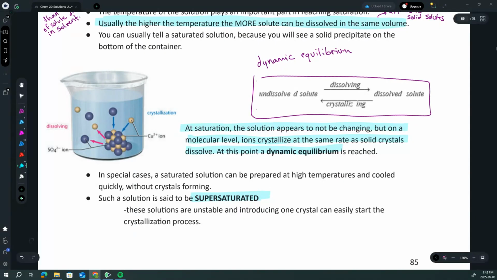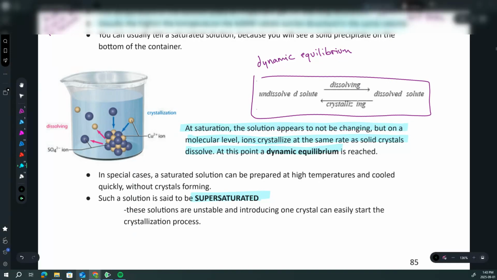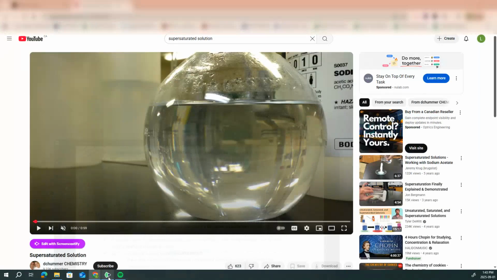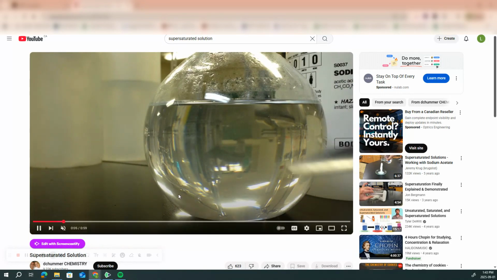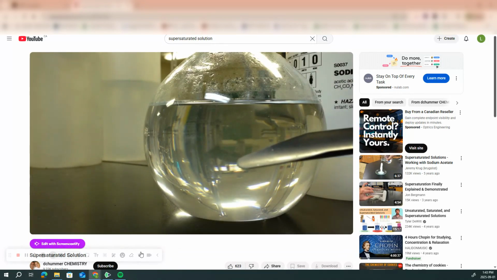So if you wanted to see what it looks like when we have a supersaturated solution and then add one tiny crystal to get the crystallization process started, it would look like this. So we have a supersaturated solution in this round bottom flask here.